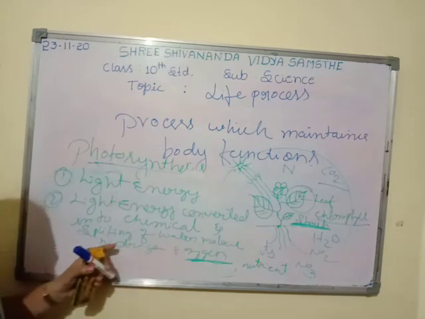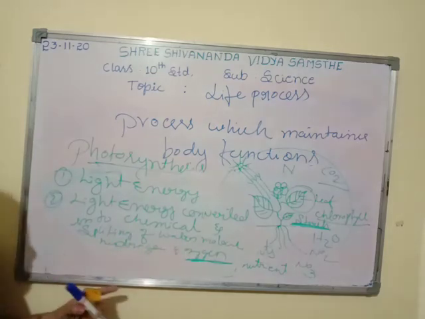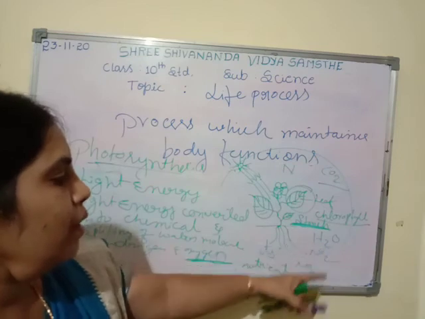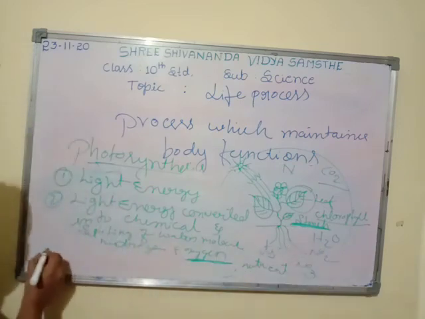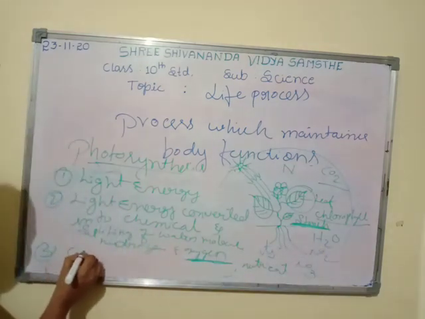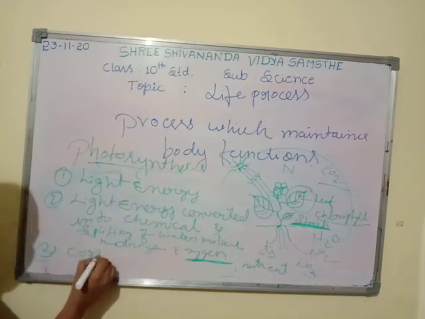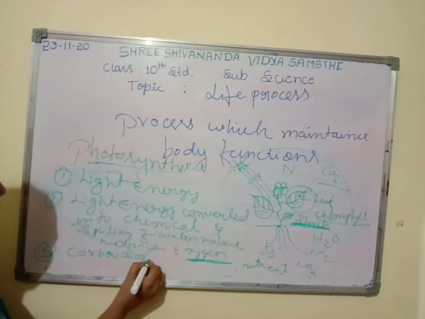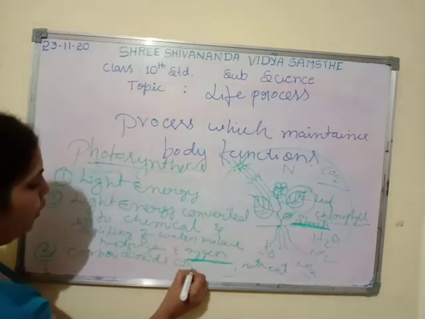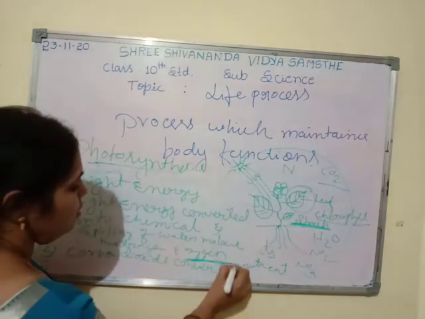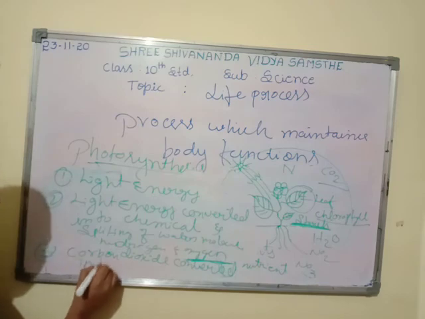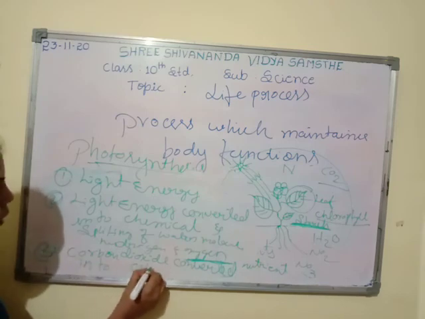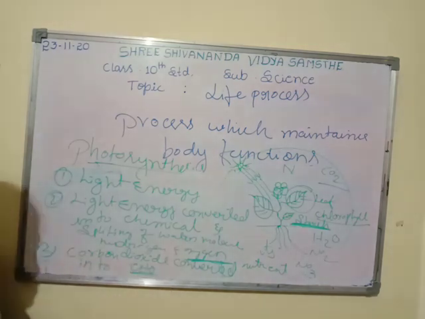So hydrogen and oxygen are released from water molecules. The next thing is the presence of chlorophyll, which is very important. The next one is that carbon dioxide is converted into CHO, which is also very important. What is CHO?